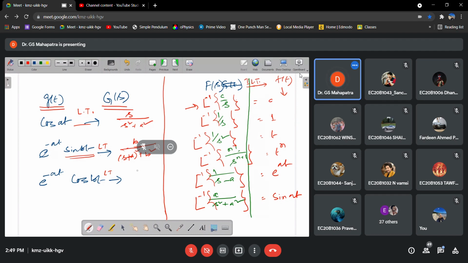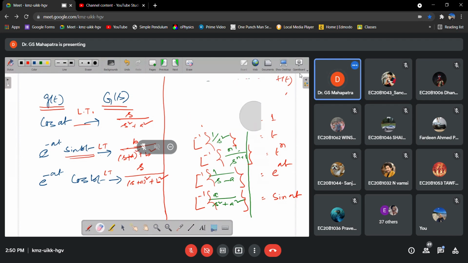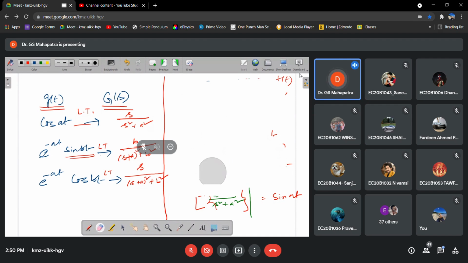What is the answer? Sir, s plus a by s plus a the whole square plus b square. Correct. So these are well-known Laplace transforms. Now you understood how to get the inverse Laplace transform of the functions. After the Laplace transform, you have to take the inverse Laplace transform.